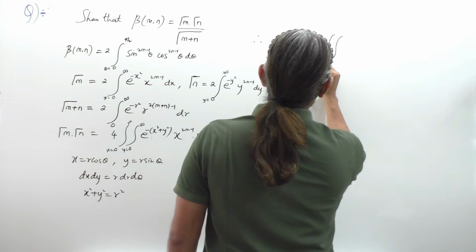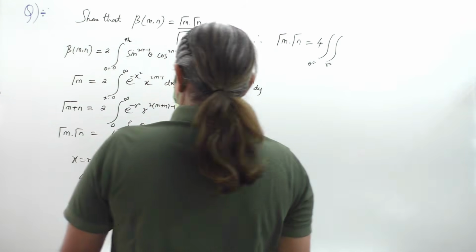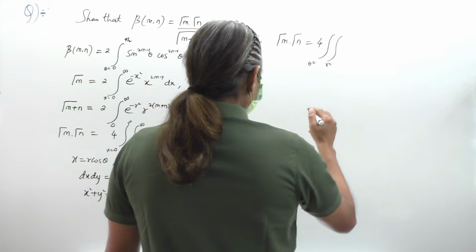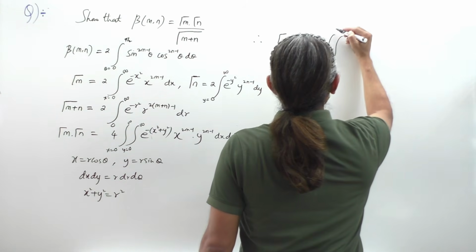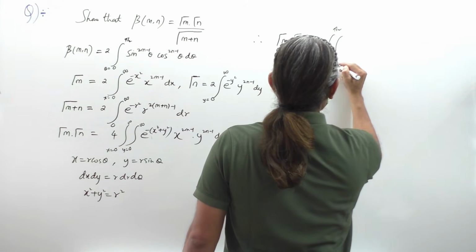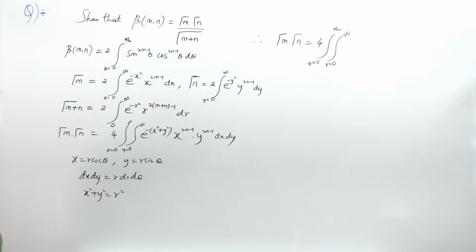So this will be theta is equal to, and this will be r is equal to, correct. Now r and theta, so that means theta will be from what? Since it is x square plus y square, it will be 0 to pi by 2, always 0 to pi by 2, and r is equal to 0 to where? Infinity only. Fine, as it is.